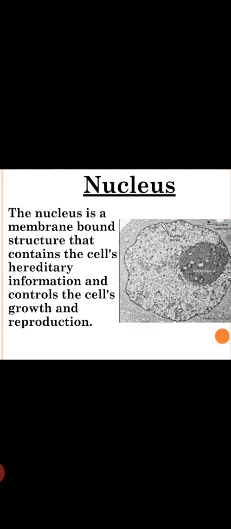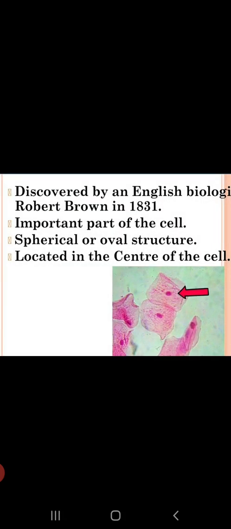Do you know who actually discovered the nucleus? The nucleus was discovered by an English biologist called Robert Brown in 1831. Generally, there is only one nucleus present in a cell, but in some exceptional cases, more than one nucleus may be present. In the last Zoom class, I showed you an animal cell and a plant cell.